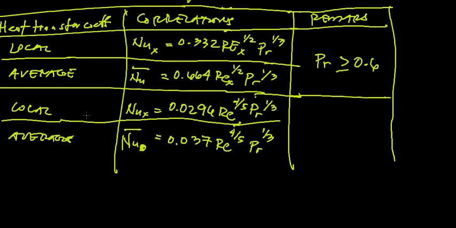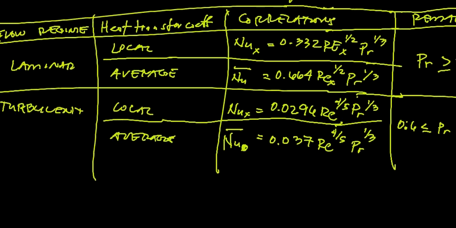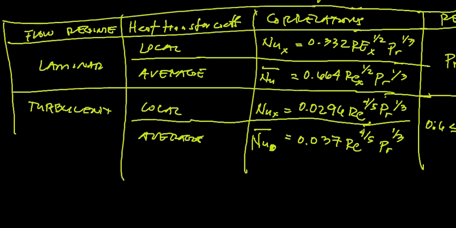Also, you need to remember that this condition is applicable if you have a Prandtl number between 0.6 and 60. So those are the correlations for solving our heat transfer coefficient over a flat surface under the different flow regimes, local or average.